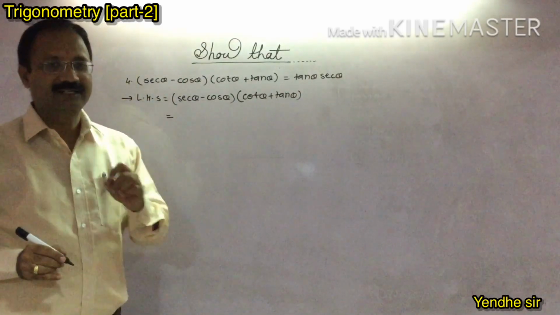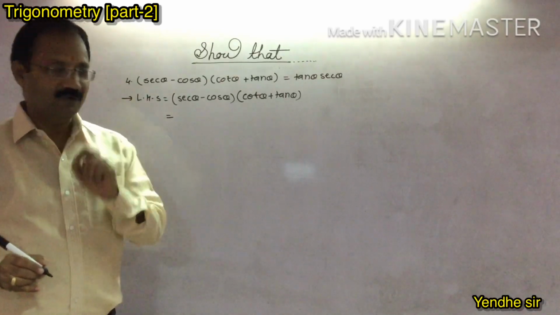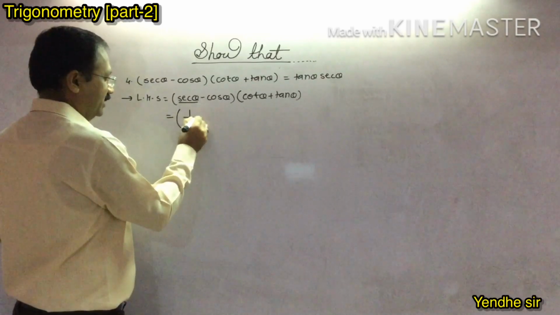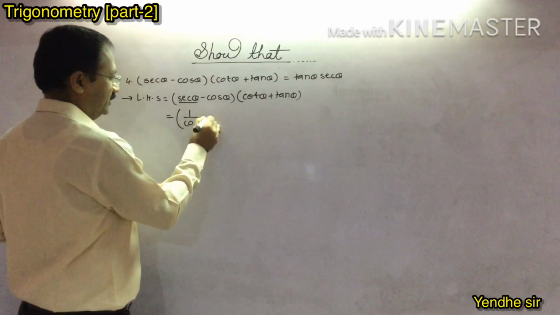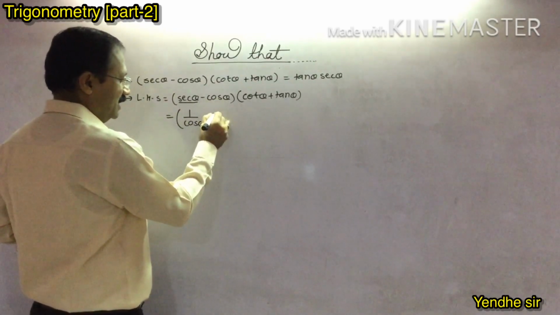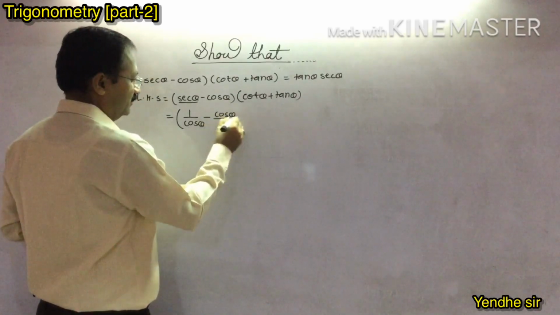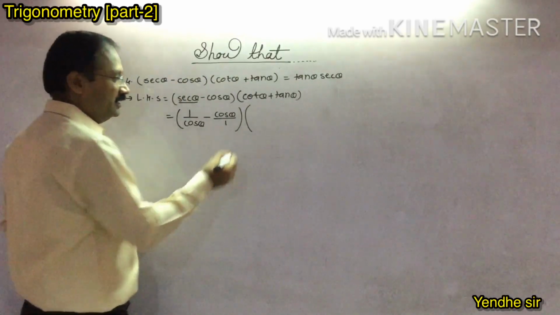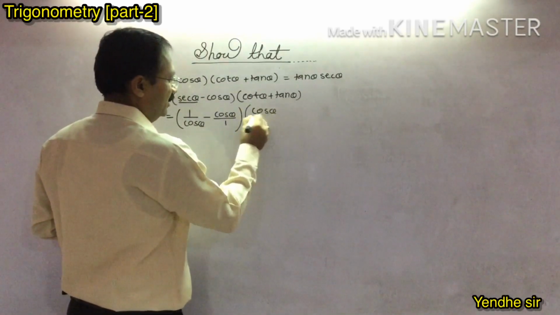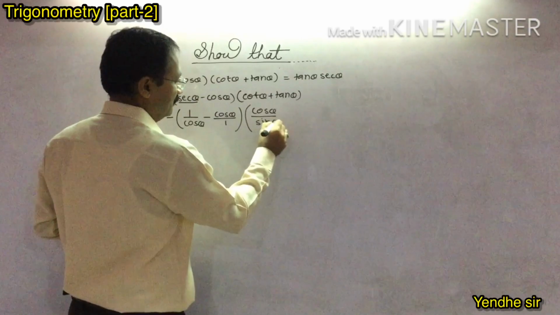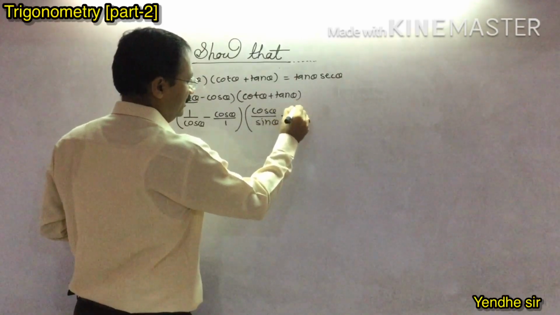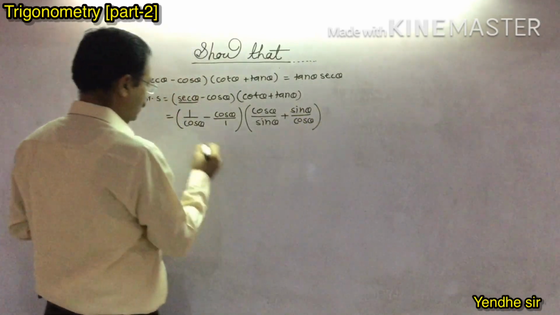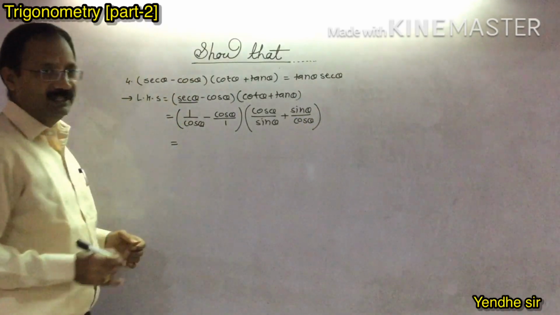Yes, correct, you have to write the formula. So instead of sec theta, I am going to write 1 upon cos theta. Is cos theta in formula form? No, so I am going to write cos theta upon 1. In another bracket, cot theta's formula is cos theta upon sin theta plus tan theta's formula is sin theta upon cos theta.